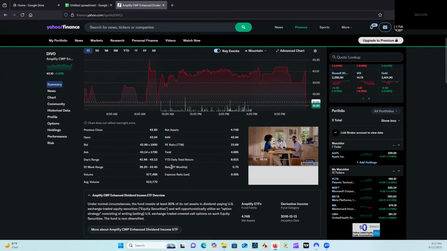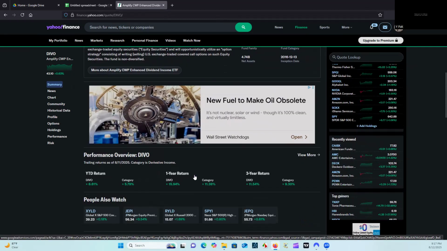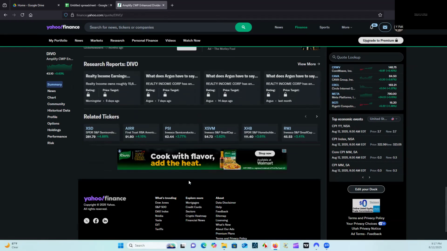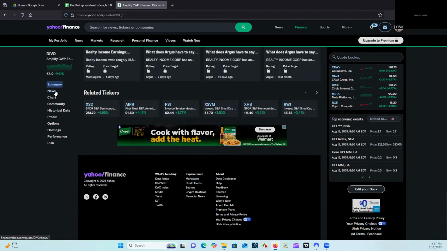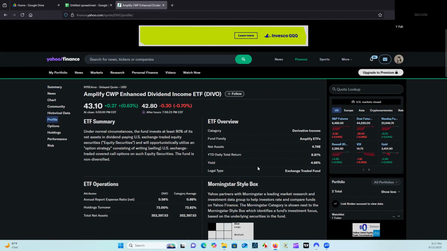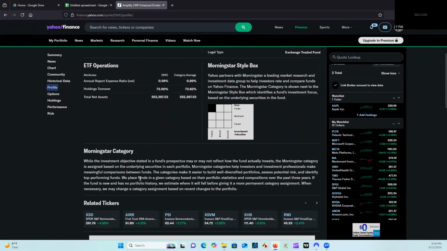Yeah, right here. No, that's 5-year monthly. It doesn't say here, but let's find it. It should say in here somewhere. Hmm, profile maybe. I'm surprised it didn't tell you in here.